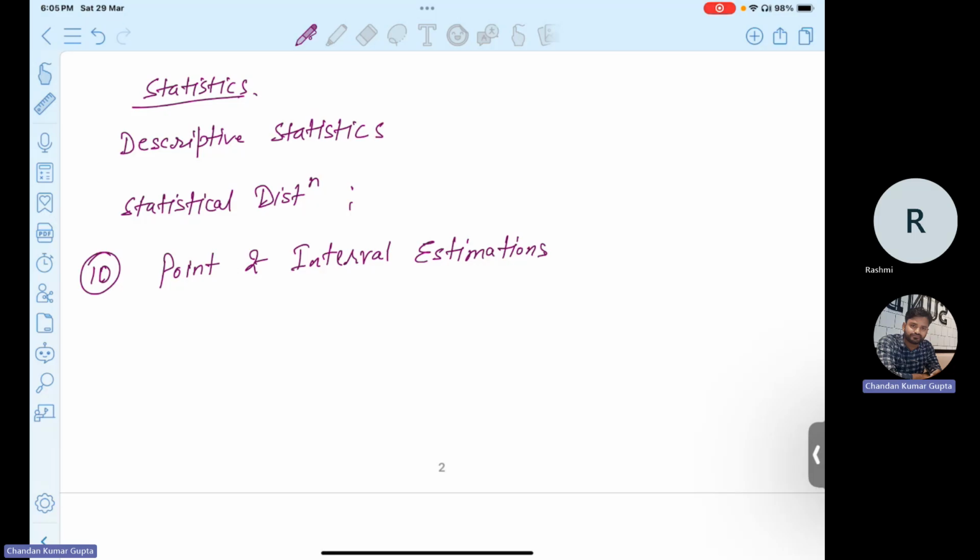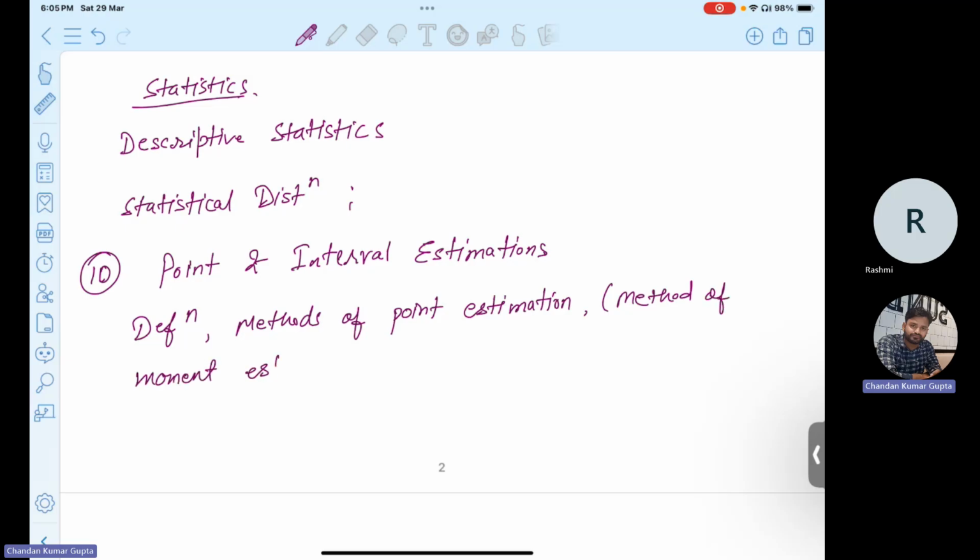In point estimation, we will discuss what point estimation is and the methods of point estimation, specifically the method of moments estimator and maximum likelihood estimation.